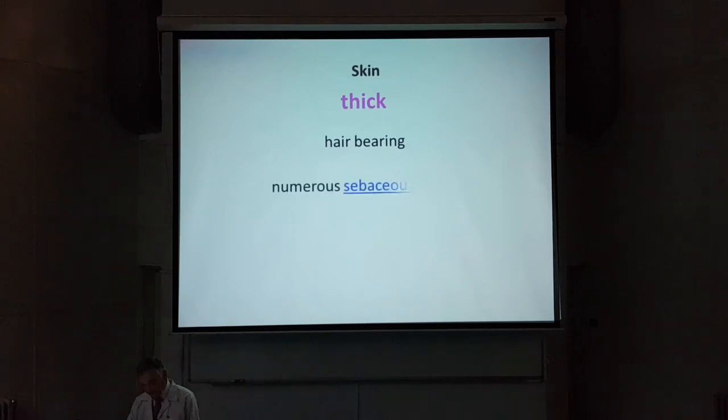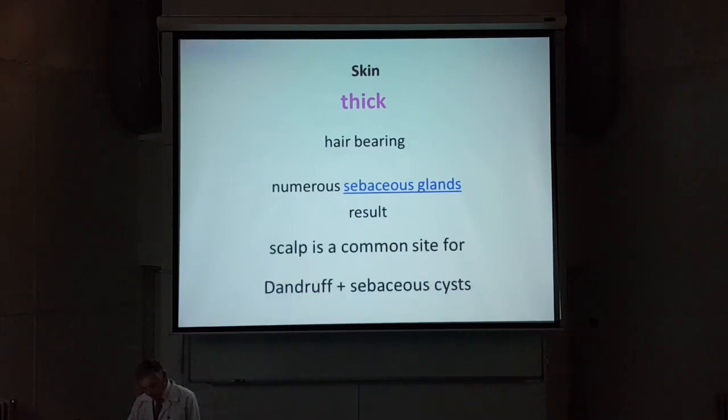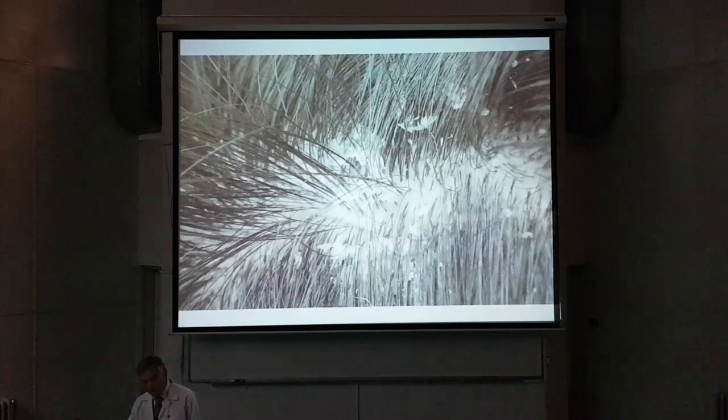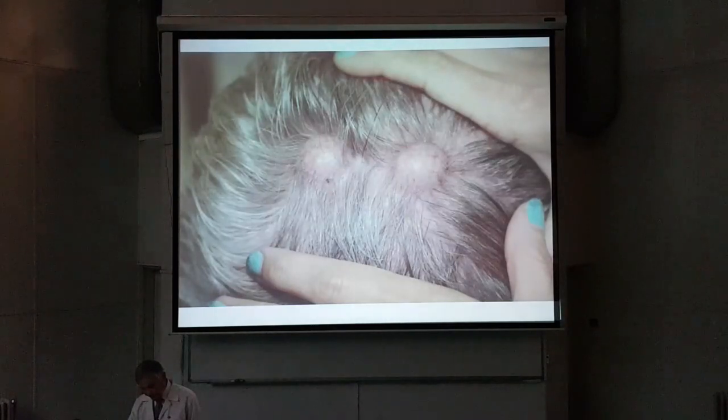It's hair-bearing, many sebaceous glands, therefore it is site for sebaceous cyst. I'm sure there is somebody whom you know that develops sebaceous cyst in the scalp and they get frightened that this is bad disease. This is dandruff.